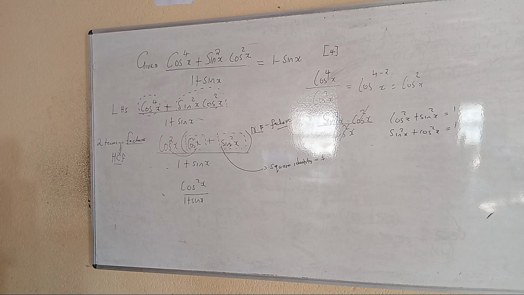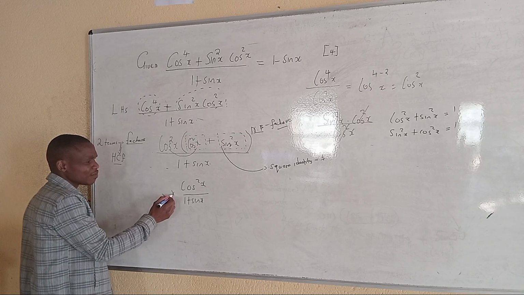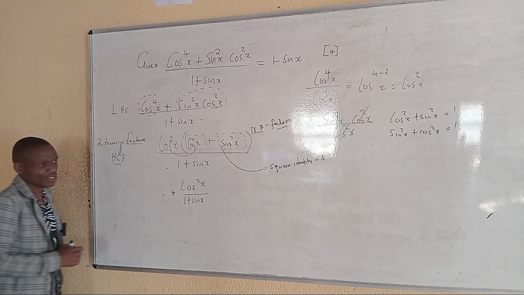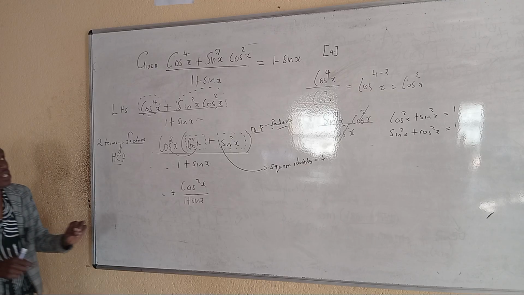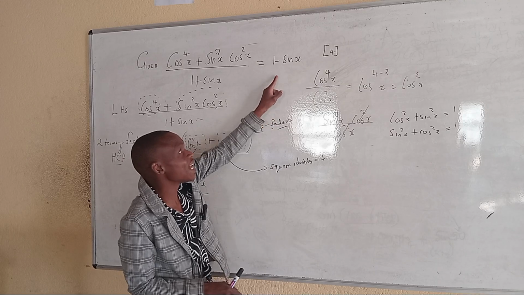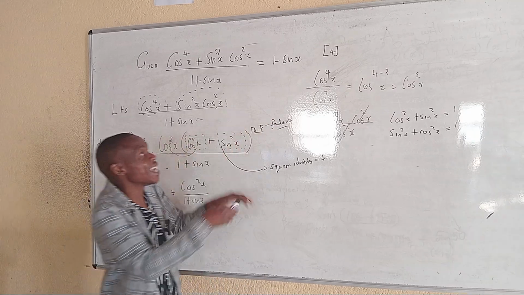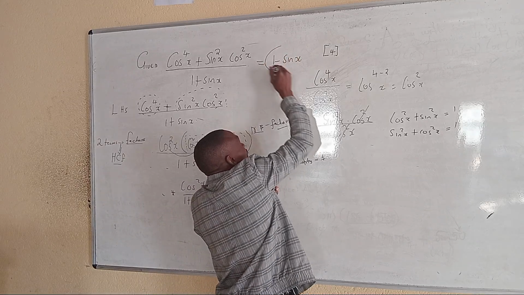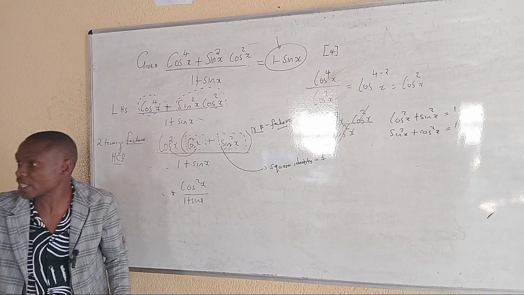So what do we do? I think this part is a bit tricky. One thing we can do, pay attention. We see that the right hand side is 1 minus sine x. My right hand side has got nothing to do with cos. I don't see an expression of cos there.